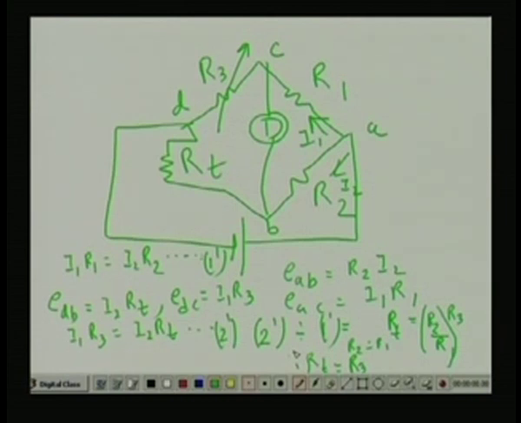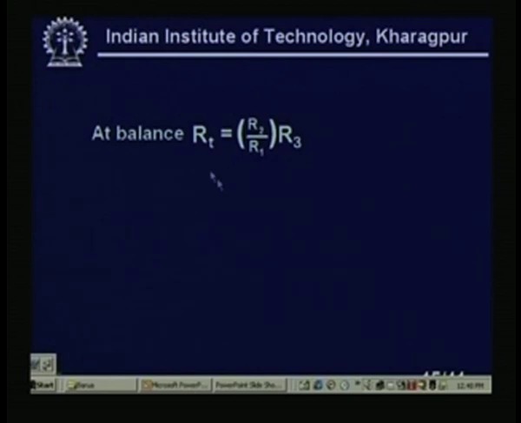RT equals R3, fine. So, at balance, by varying R3, obviously R3 will give you the unknown temperature. So, R3 should be calibrated in terms of temperature, fine. So, these are the balance equations I have written: RT equals R2 by R1 into R3.